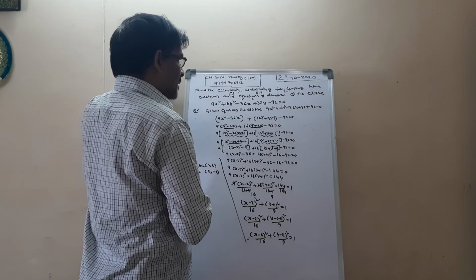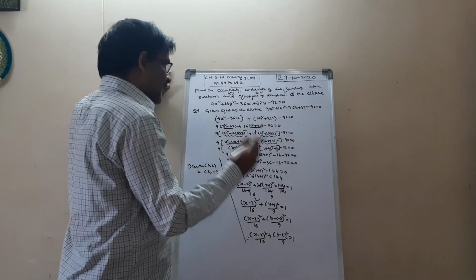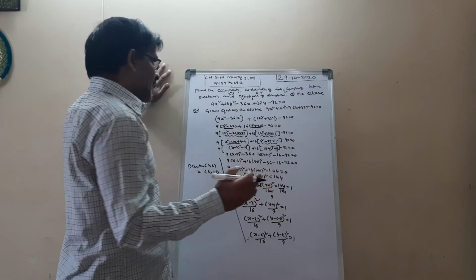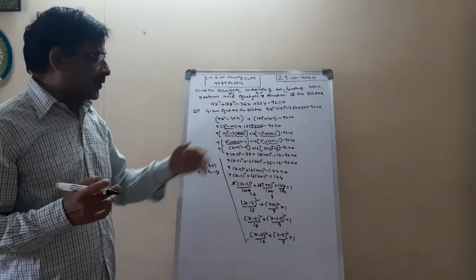Next, we want foci, length of the latus rectum, eccentricity, and the equation of the directrix.